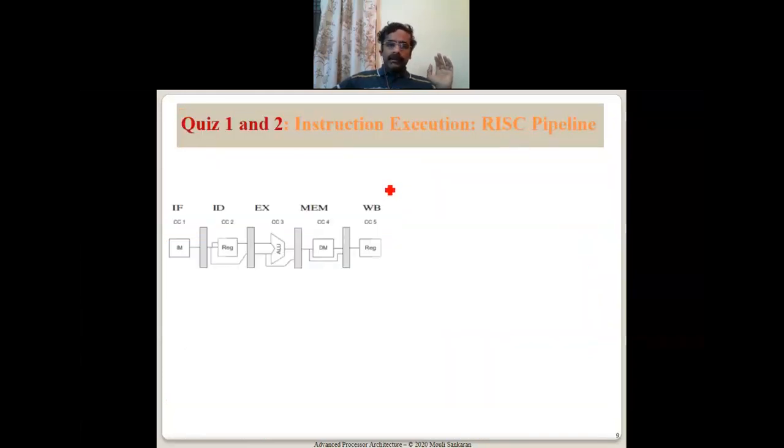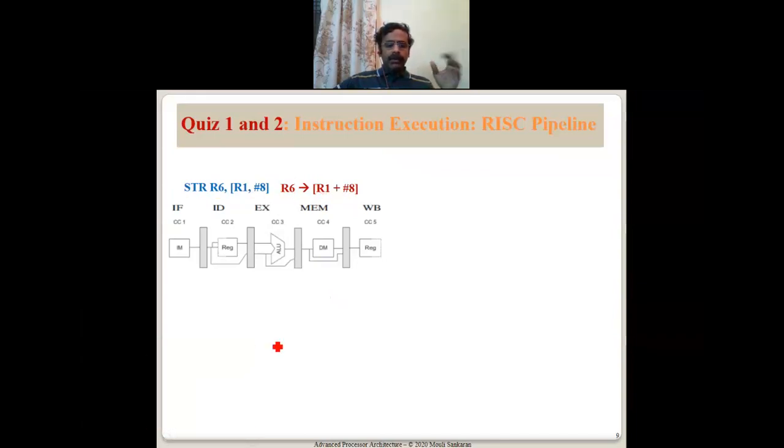Now I am going to be very fast. This is a quiz. I expect you to complete how this instruction would go through this pipeline. You can pause this. If you don't know this instruction, it's a store instruction. It's supposed to store the value in R6 into the address.